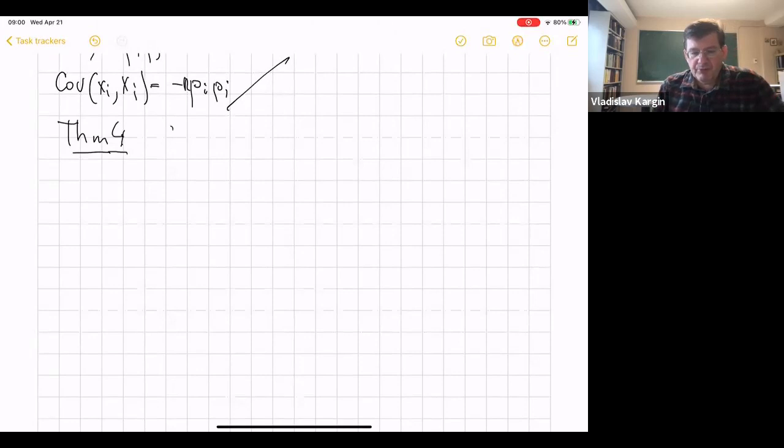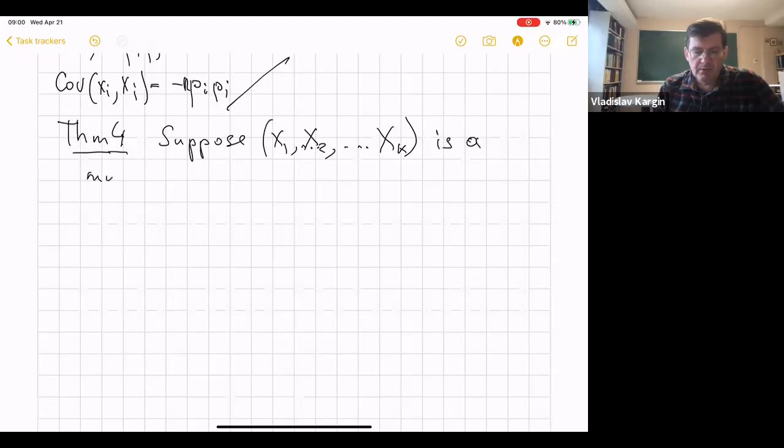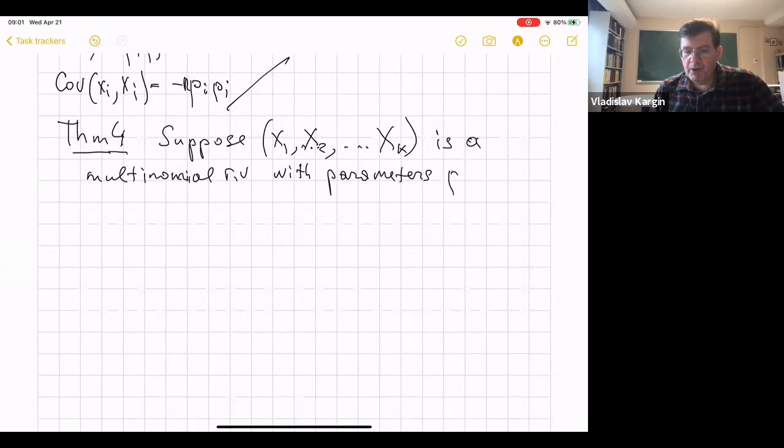Suppose that x1, x2, ..., xk is a multinomial random variable with parameters p1, p2, ..., pk, and n.